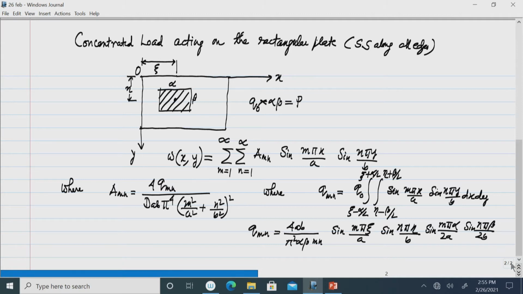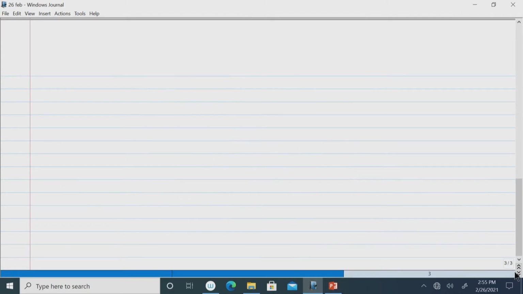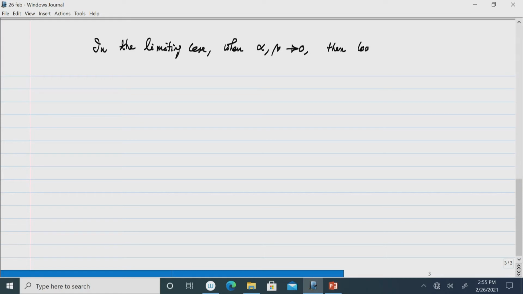Now let us see how we can find the limit. In the limiting case, when α and β tend to 0, then the load is a point load P, which acts at coordinates ξ and η.